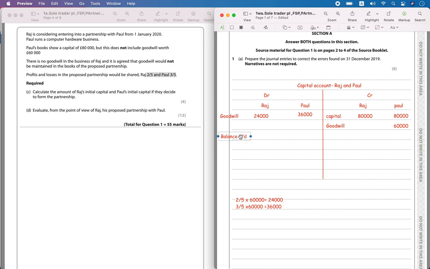The balance is going to be 80 minus 24, so that is around 56,000.